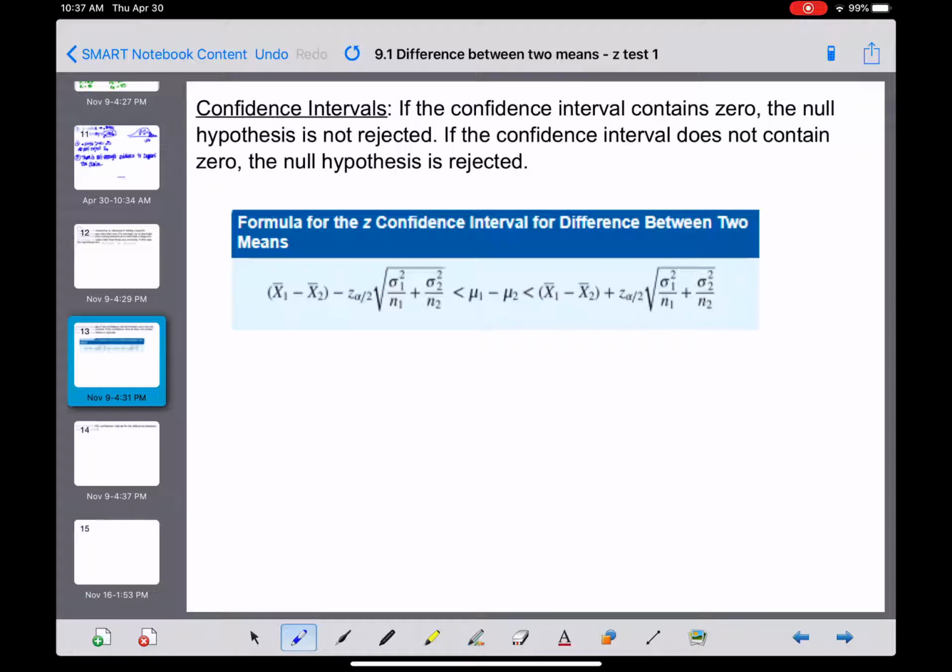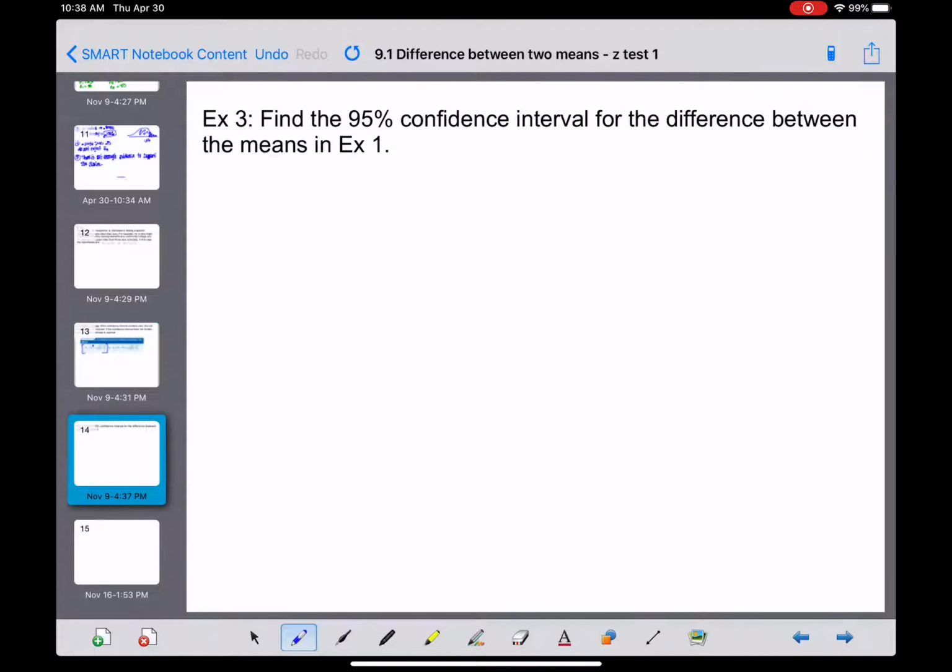Okay, so this is going to look very similar to your z test statistic. I'm going to write plus or minus in just this part, like I have been doing. We are going to use the data from example 1.